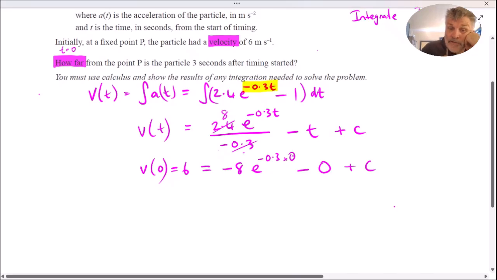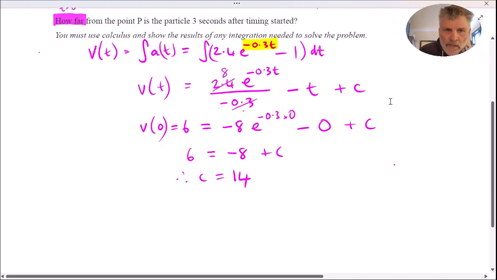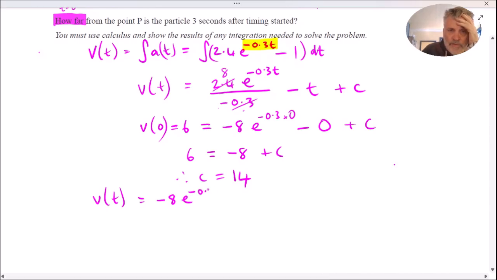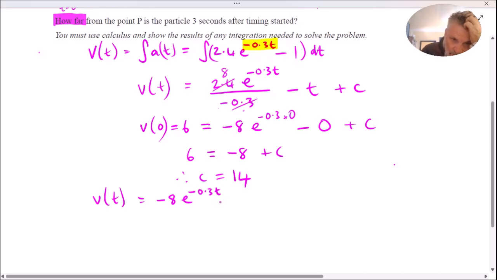Exponential to the power of 0 is 1, so this is 6 is equal to minus 8 plus c, therefore c is 14. So now we've got v of t equal to minus 8 e to the minus 0.3 t minus t plus 14.